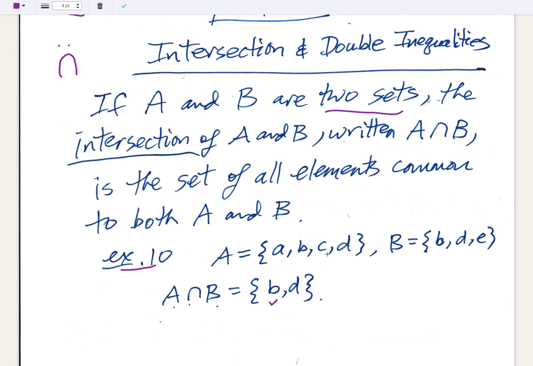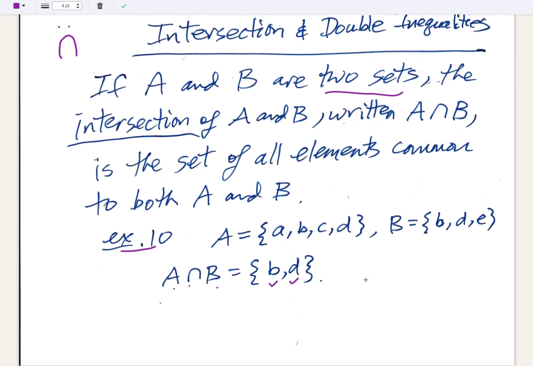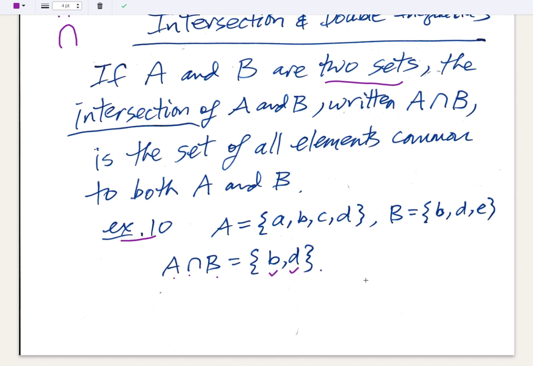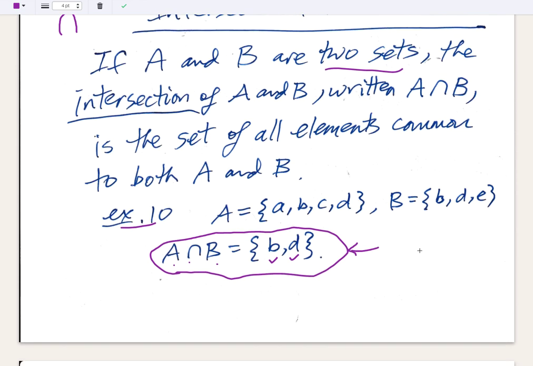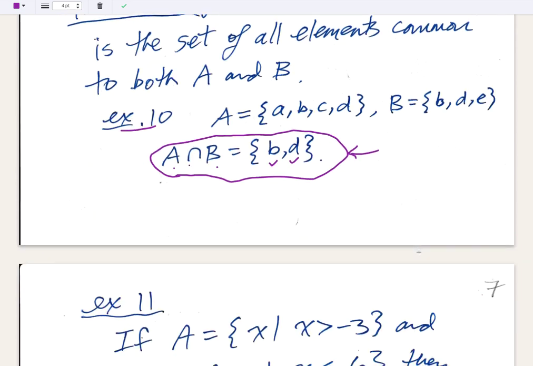C? No. C is in A, but it's not in B here. And then d is common to both. You will see here that b and d are the only elements common to both A and B. So we would write A intersection B is the set, notice those braces, curly brackets, and then I just listed the elements there, b comma d. By the way, if you create a set by just listing the elements, that's sometimes called roster notation. Think about a roster, just a list, right?